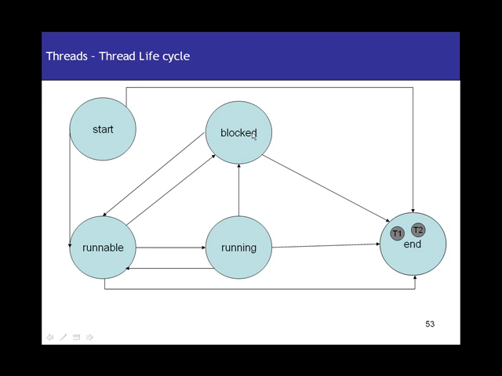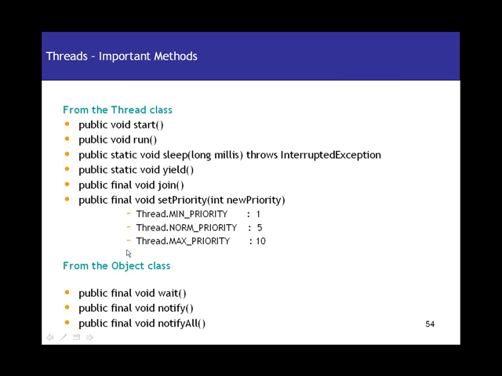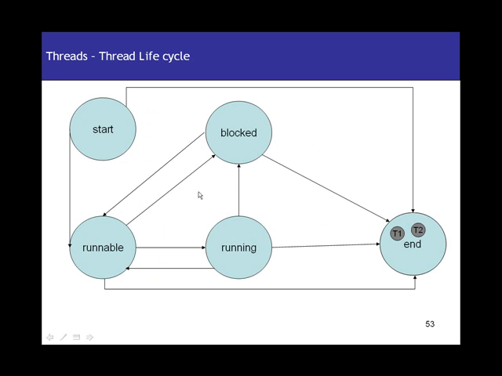It is not even in the runnable state, but it goes to the blocked state because it's in sleep mode and is not ready to run at all. After 1 minute is completed, it goes back to the runnable state where it is ready to run again. And when you call yield on the Thread class, the currently active thread which is running right now goes back to the runnable state.